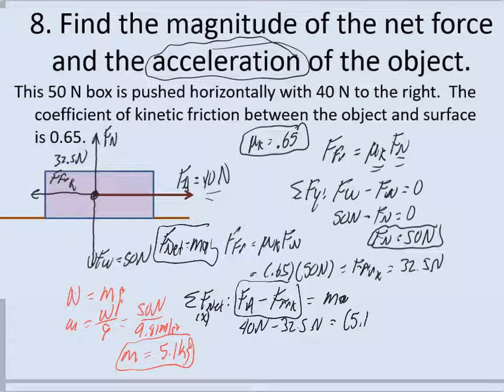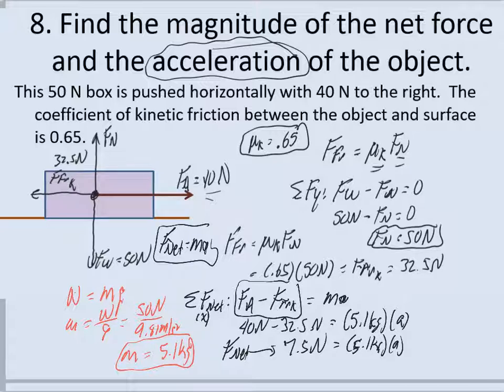5.1 kilograms times my unknown. My unknown is acceleration. Now the net force is going to be 40 minus 32.5, and that's going to be 7.5. So there's my answer for net force, and that's equal to 5.1 kilograms times a.